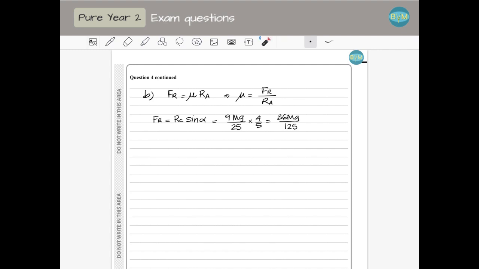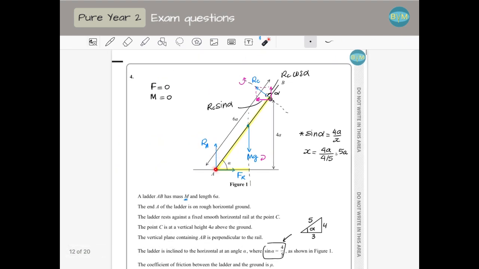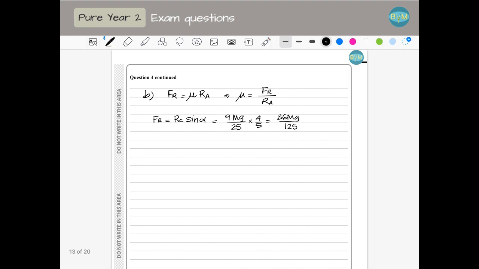Now I can find RA doing the same but in the vertical direction. The forces pointing up, this one and this one together, are the same as this one pointing down, so my resultant force is 0. So I have RA plus RC cos alpha equal to the force pointing down, which is the weight.